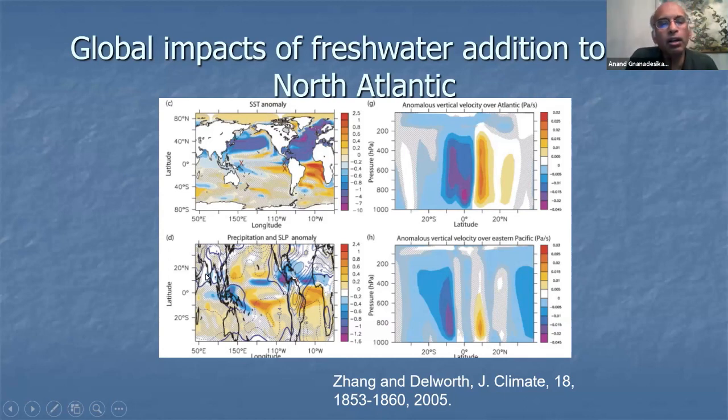India gets a little bit of that, but there are definitely signals of the Younger Dryas over Indonesia and over Africa as well. So this is results from a coupled climate model in which fresh water was added to the North Atlantic to shift the overturning, turning off the overturning circulation and shifting it.